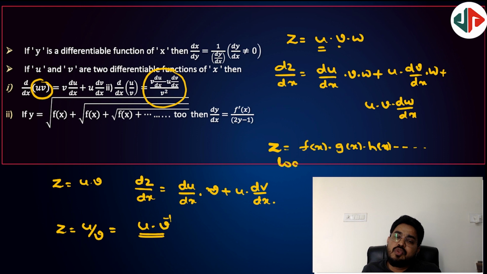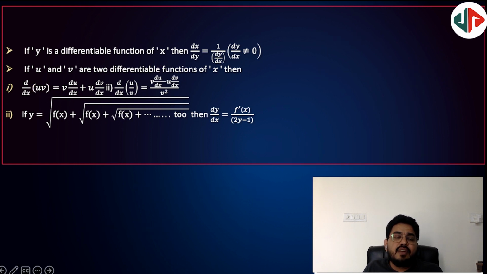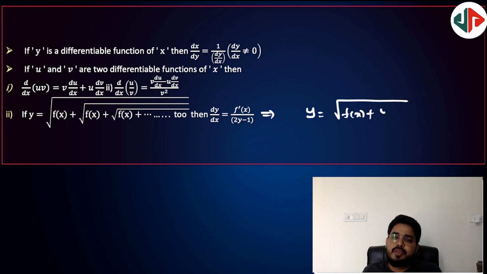I suggest you to go for log z. When you go for log z, it will be log f of x plus log g of x plus log h of x. So the calculation point will become easy. And if it is of the form y is equal to square root of f of x plus, because it is going to infinite many times, this value is also be y.